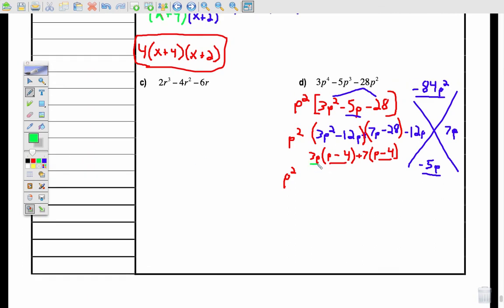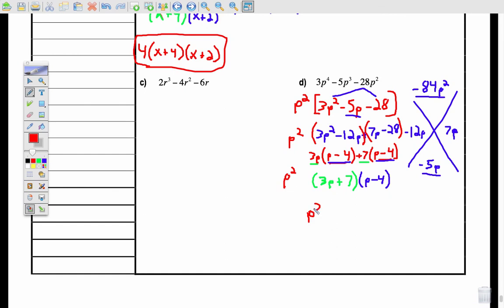Last step, do the first numbers in green, so that's 3p and plus 7. So the first one is 3p plus 7. The second number in blue is just our p minus 4, which we got from what was in our parentheses.